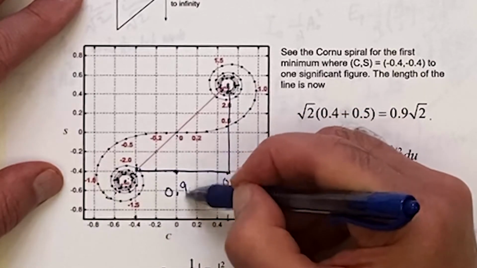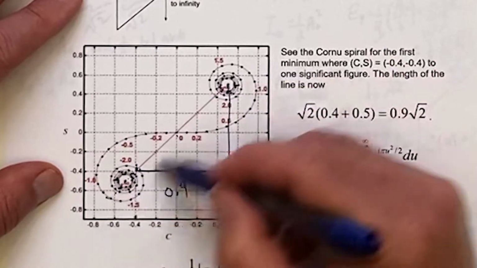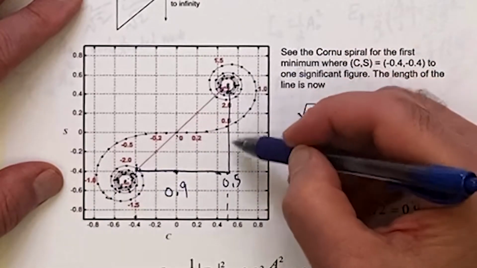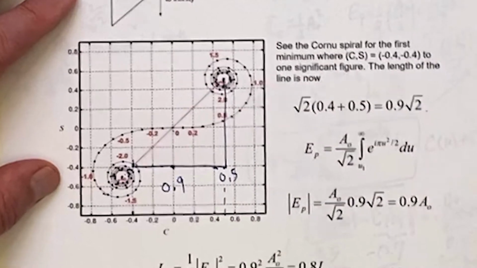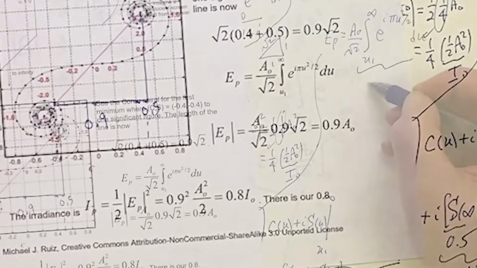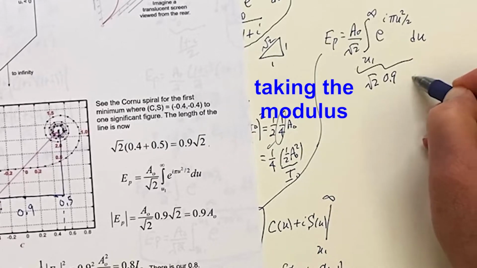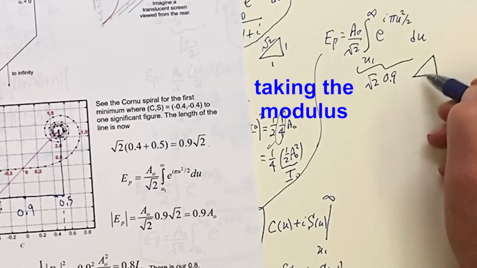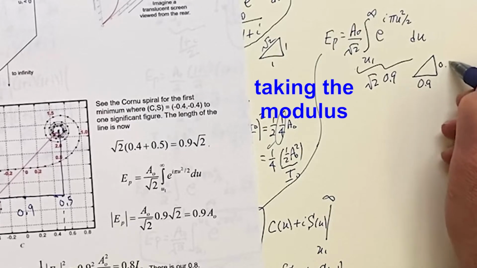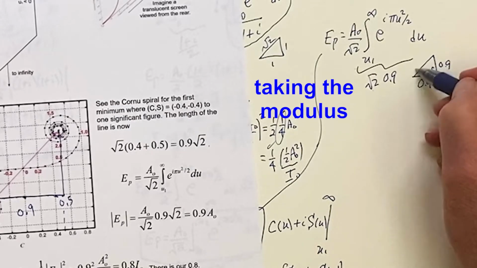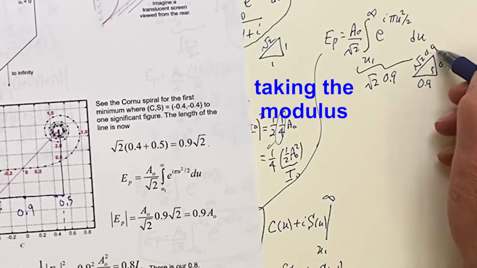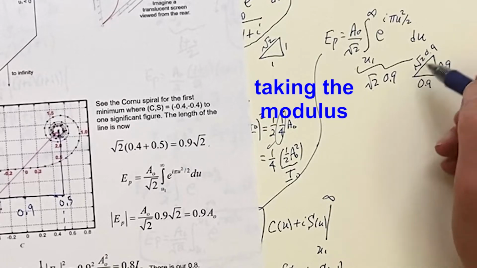This is 0.9. And since this is along that y equals x kind of idea, this is 0.9 also. So in other words, this is going to be the square root of 2 times 0.9, because you're looking at a triangle where you have the 0.9 and the 0.9, and you just throw in that square root of 2, 0.9 to get your hypotenuse.